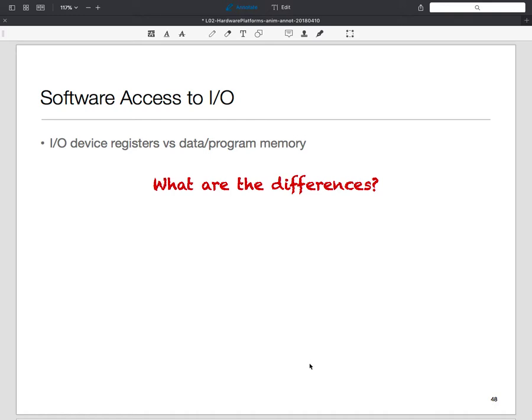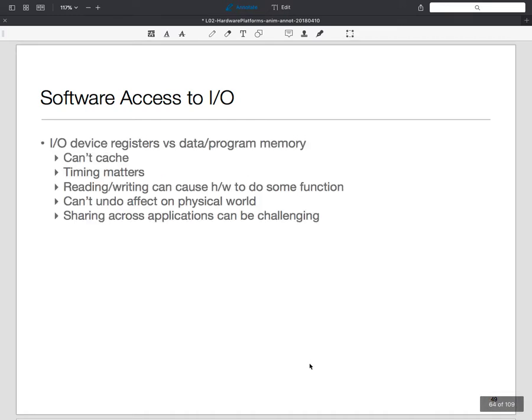So all of that leads to a few considerations. Firstly, usually I/O cannot be cached. If I'm writing to it, I want to write to it immediately. If I'm reading from it, don't give me a stale value from the cache. Go and fetch a new one. So can't cache. Timing matters, and this relates to the whole issue of caching: I may have tight timing constraints. Reading and writing can cause the hardware to do some function.